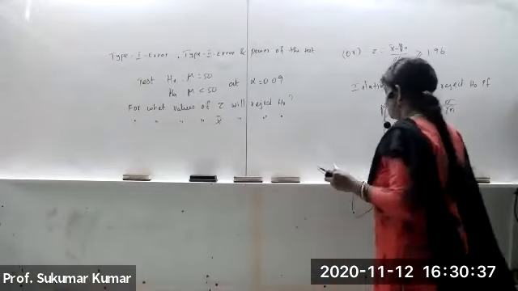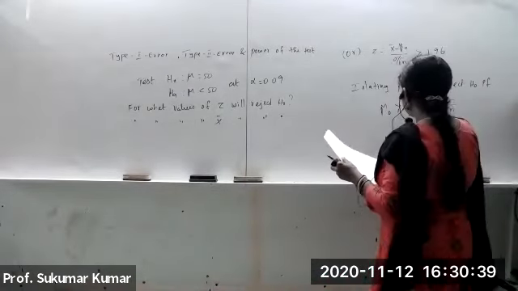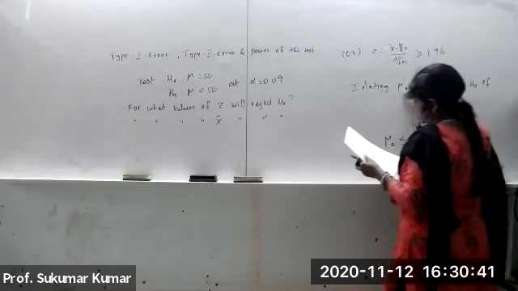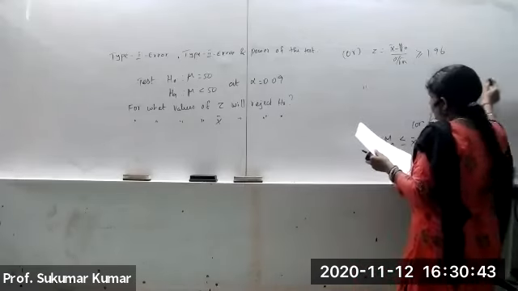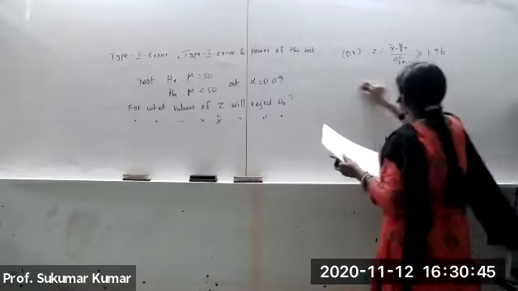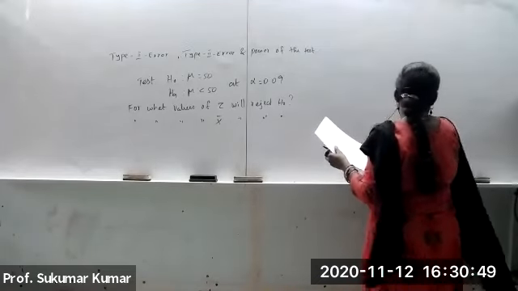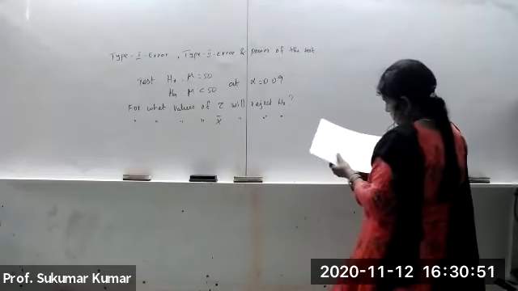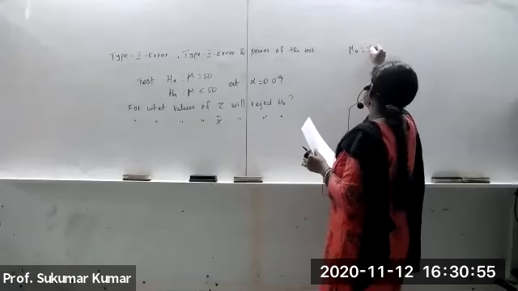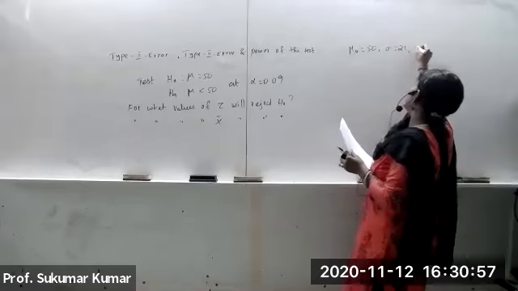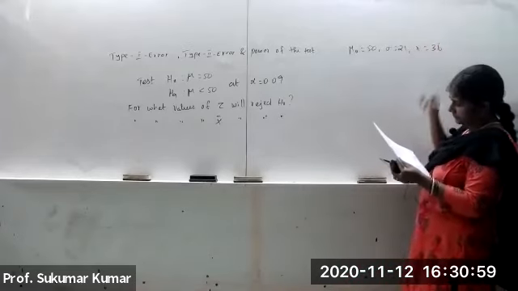Given sigma equal to 21, n equal to 36, mu naught equal to 50.